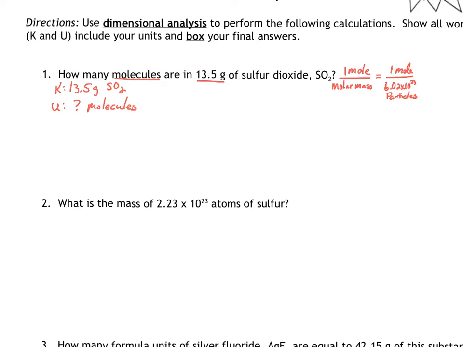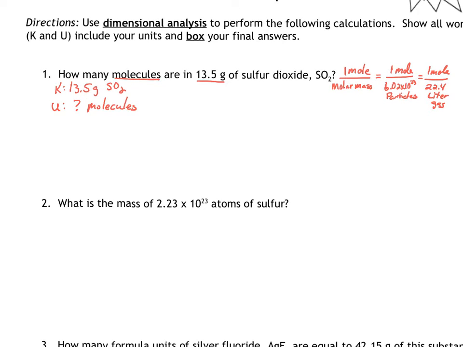And we don't have to really worry about volume in this because it's not asking us to calculate a volume. But if we needed to, remember 1 mole is 22.4 liters, but that's only of a gas.